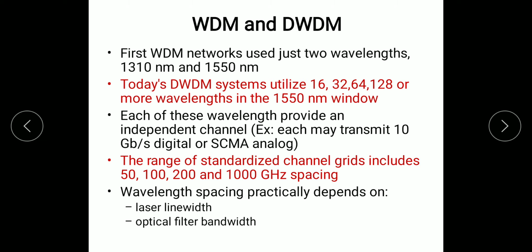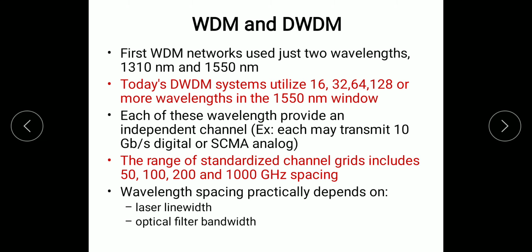So first WDM networks used just two wavelengths, 1310 nanometers and 1550 nanometers. Today we are using, you can see, a huge number of wavelengths in the 1550 nanometer window.